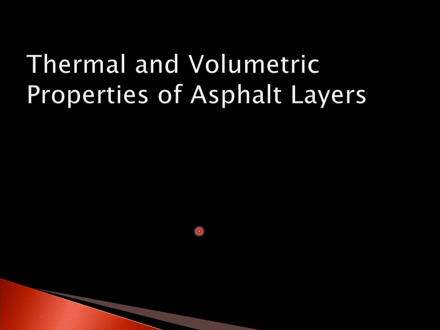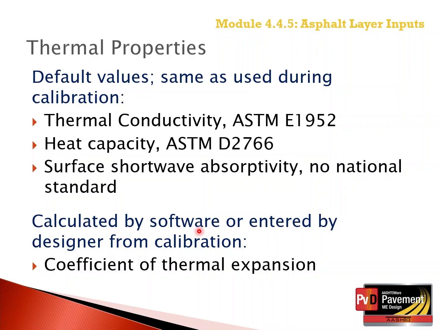This section is now going to focus on the thermal, volumetric, and component properties of the asphalt layer. The asphalt mixture thermal property test procedures are listed on this slide. Remember, the values entered for the thermal properties should be consistent with the values used for the calibration process.